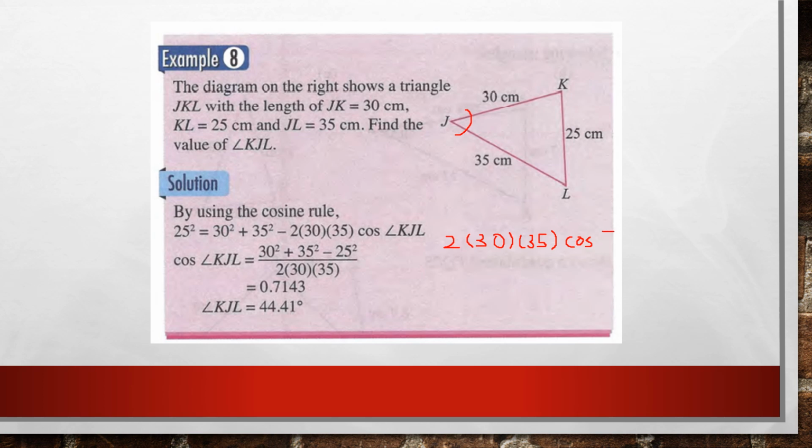I make it shorter, I write cos J equals. This thing you bring to the other side, and 25 squared you bring to the right.